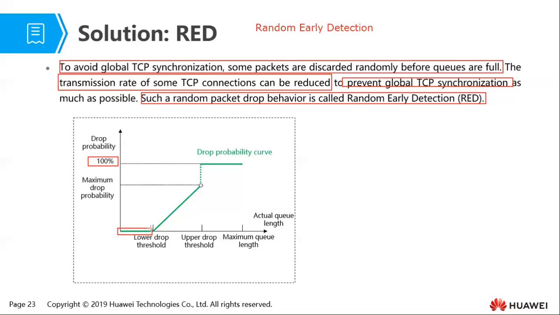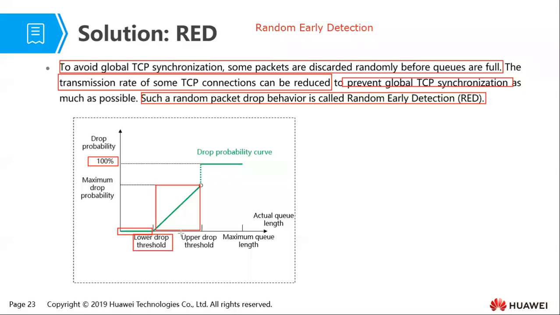Now, when we hit a point called the lower drop threshold, we begin randomly dropping packets, and we increase the probability of the packets we drop as the queue continues to fill up.